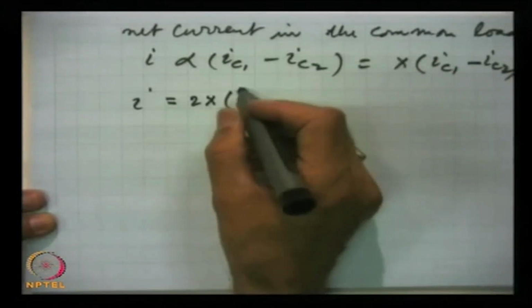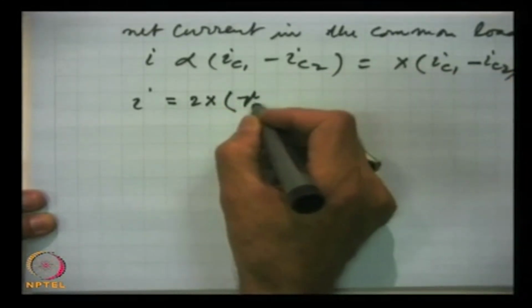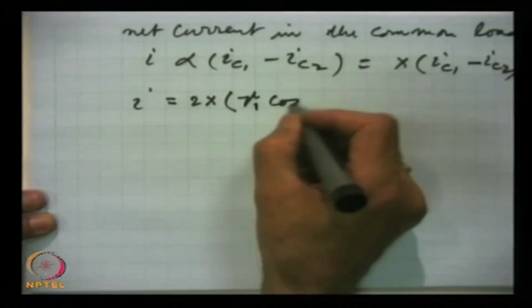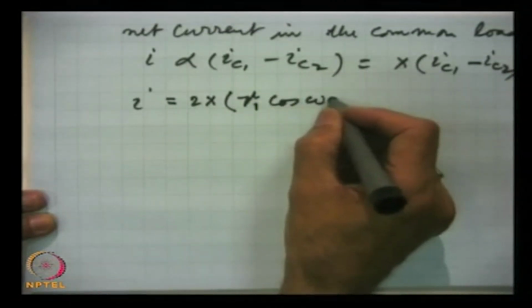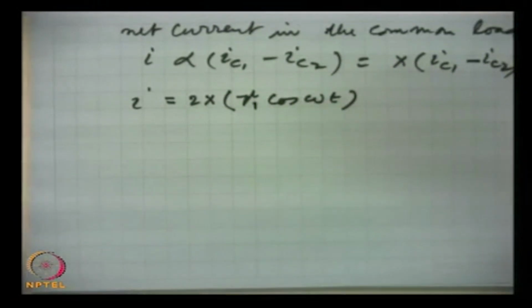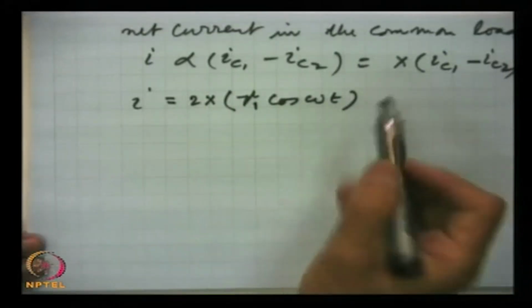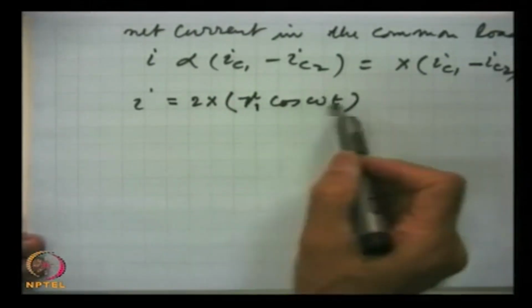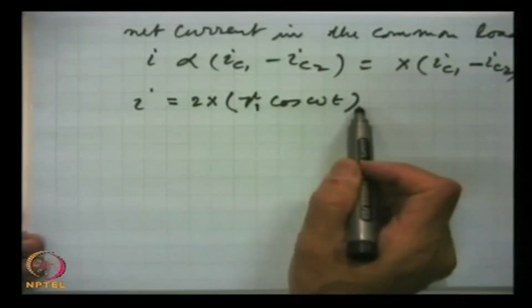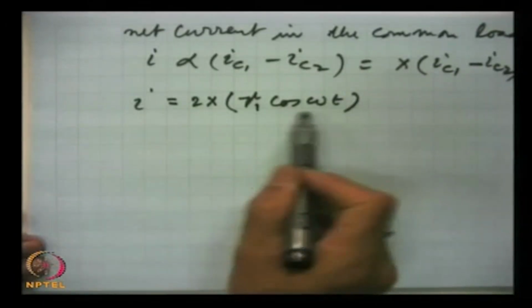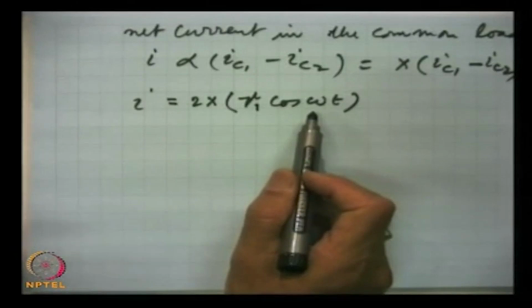So, that will be gamma 1 cos omega t. So, we are seeing that the second harmonic is completely absent and only the pure signal frequency is there, all harmonics are absent.